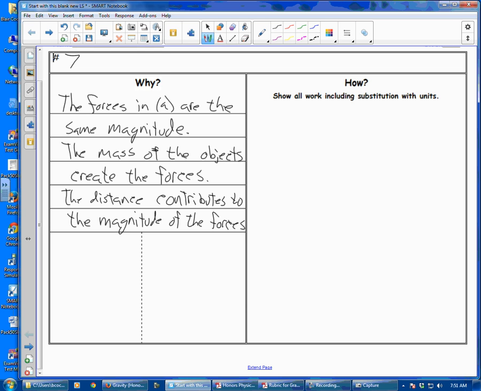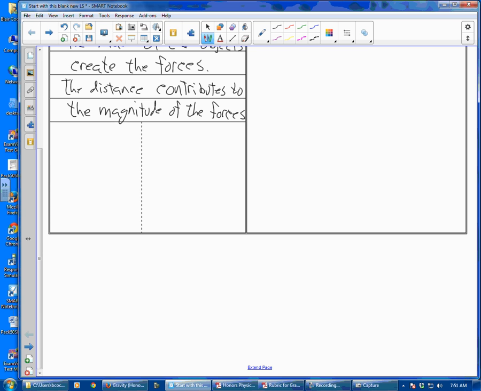But I think if you show that in your diagram, where you've got A and you've got B, and you show that the forces between these are towards each other, the force of gravity on A due to B, and the force of gravity on B due to A, that's fine without having to state it in words.